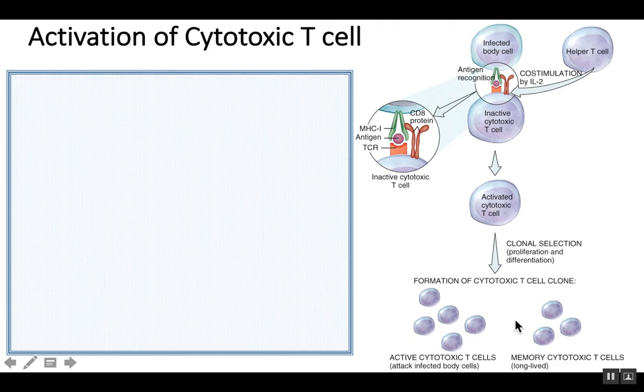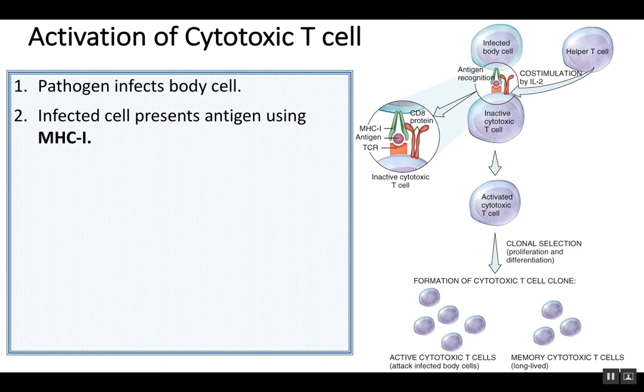At the same time, you might activate a cytotoxic T cell. So how does a cytotoxic T cell get activated? Well, it's going to respond when there's an infection that gets inside of a cell. And there we have that presentation occurring. The infected cell presents using MHC1 instead of MHC2.